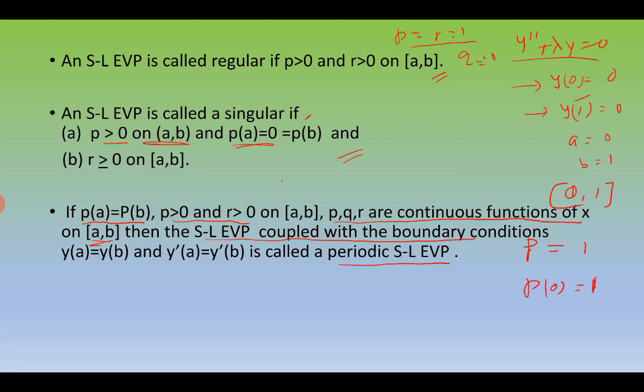The only additional condition you have to check is that P of A is equal to P of B. That is true in this case, so this is a periodic Sturm Liouville EVP. Also, Y of A should be Y of B, which is true, and Y prime is also equal. All the conditions are true for this case.